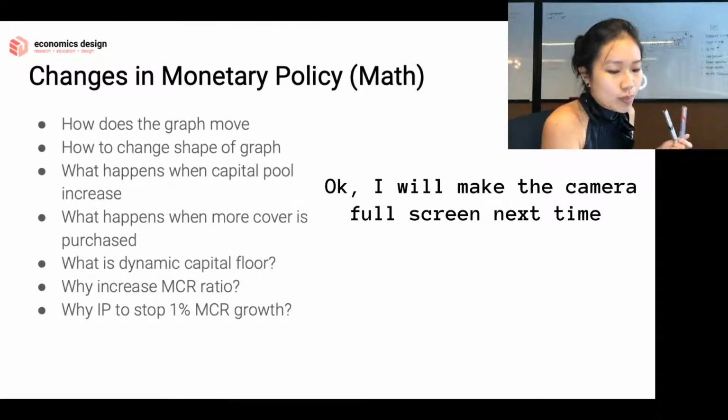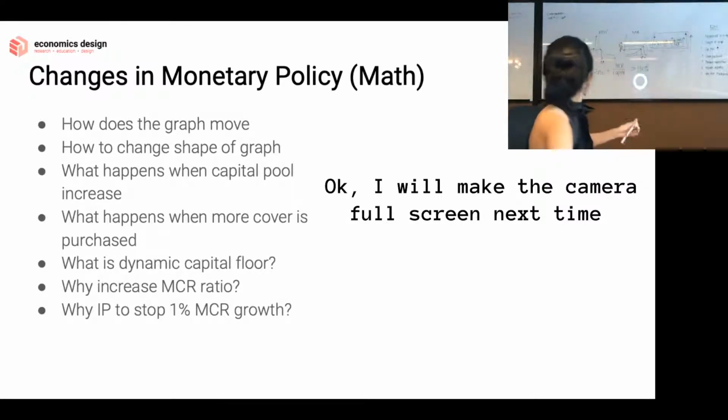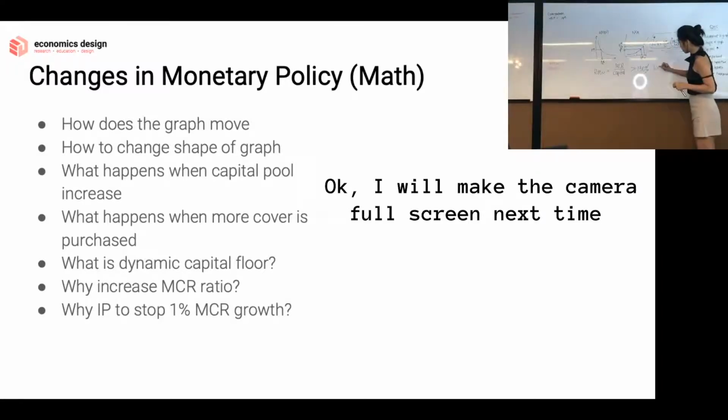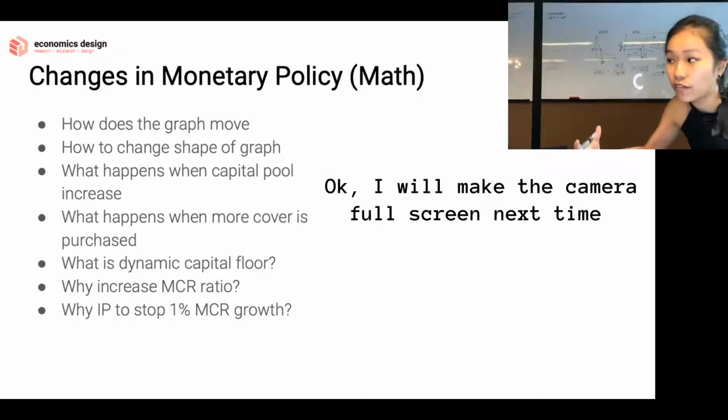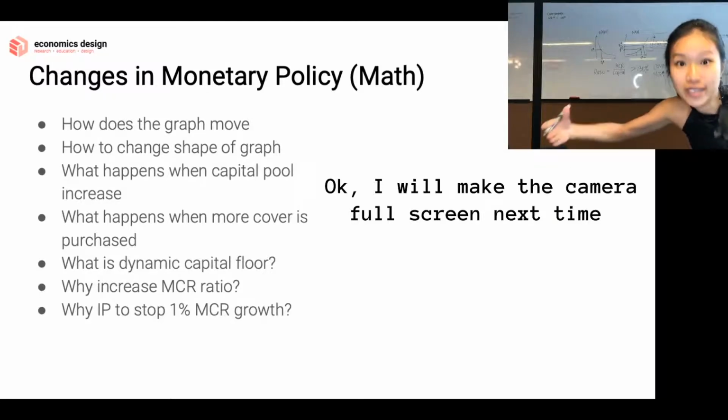Now, what happens when more cover is purchased? Firstly, when more cover is being purchased, your MCR increases, right? Because as more cover is being purchased, the minimum amount of money you need increases.